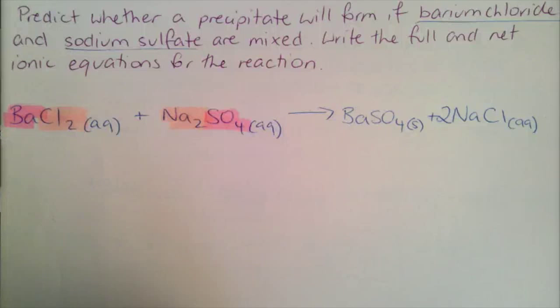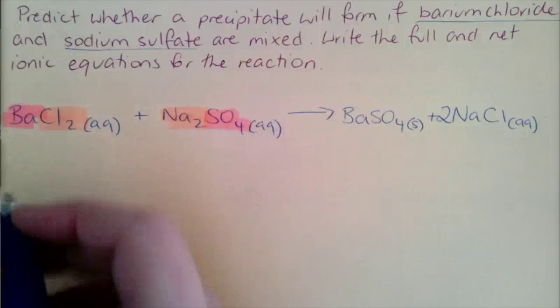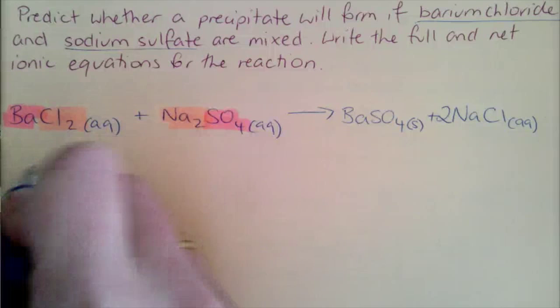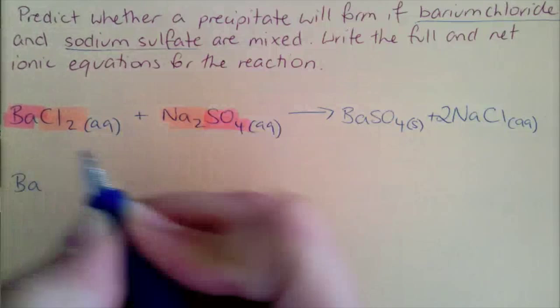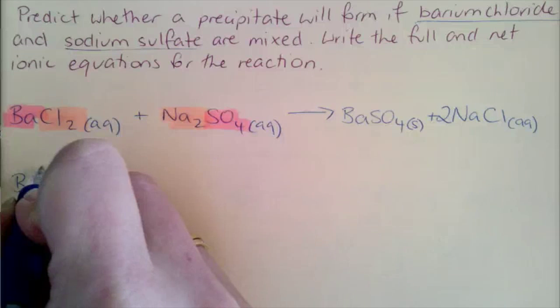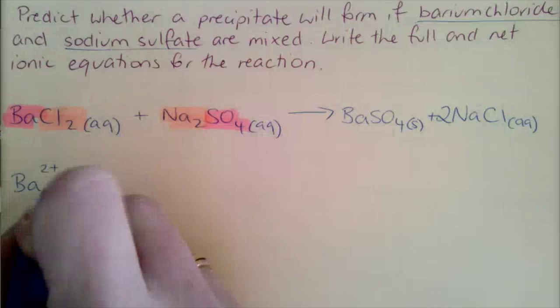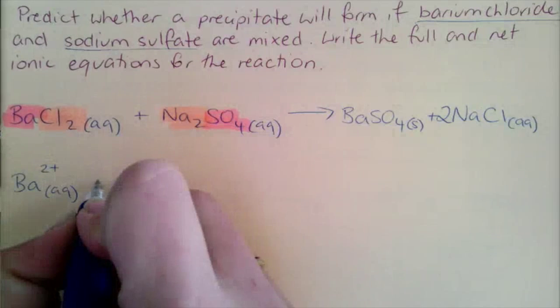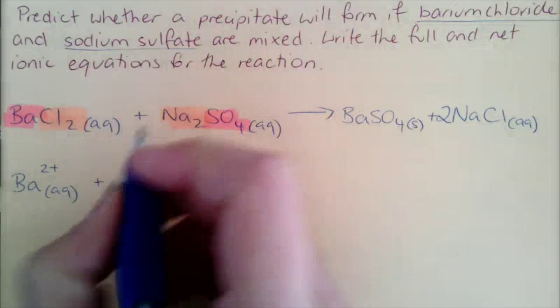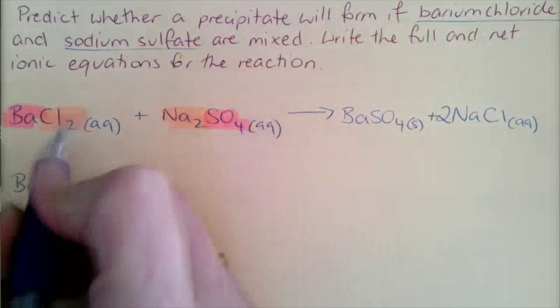Now we need to do our net ionic equation. So like we did before, we're going to split them up into their ions. We've got barium. Barium has a valency of 2. So here we've got 2 plus. It's aqueous. And here we have Cl minus, but we've actually got two of them.